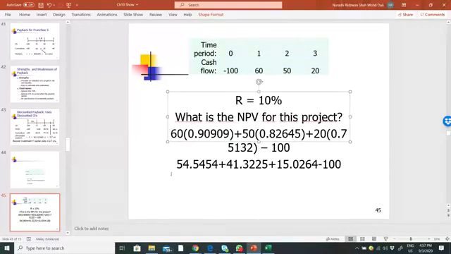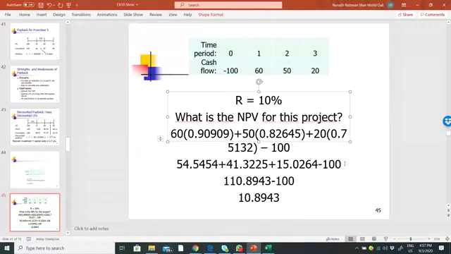So this is your NPV. So your NPV should be 110.8943 minus 100, so equal to 10.8943.